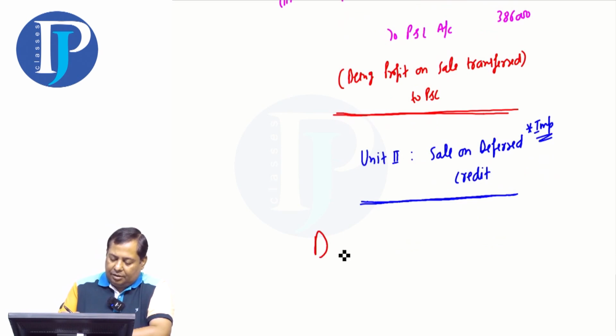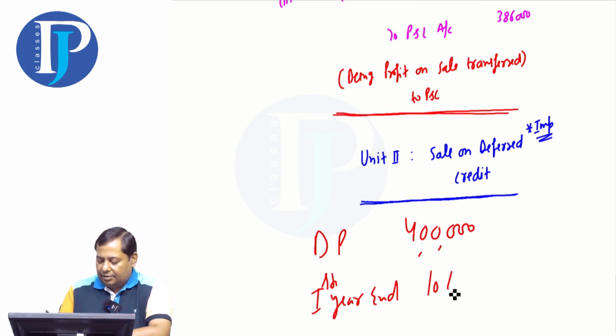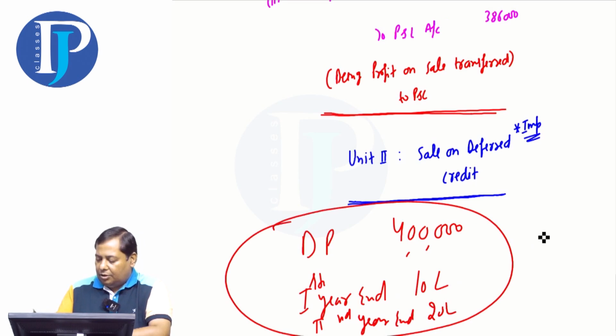Let's assume the down payment is 4 lakh rupees. First year end, you will receive 10 lakhs. Second year end, you will get 20 lakhs.